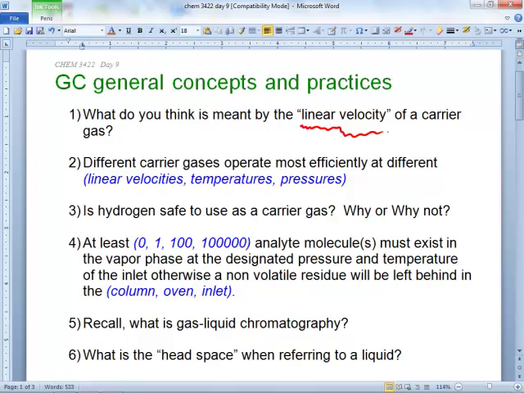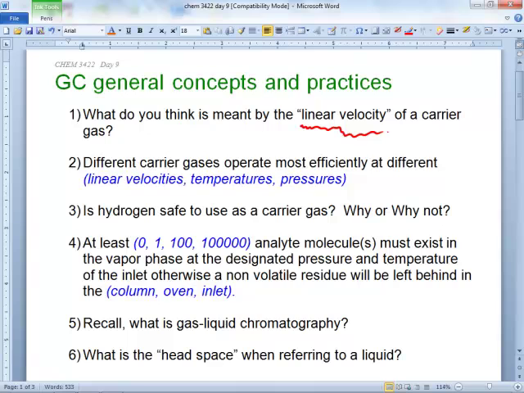So that's why we're talking about linear velocity. And why would different gases flow at different speeds? Ask it this first. There's an assumption here. If I shot two gases through the same tube, would they both flow through at the same speed?